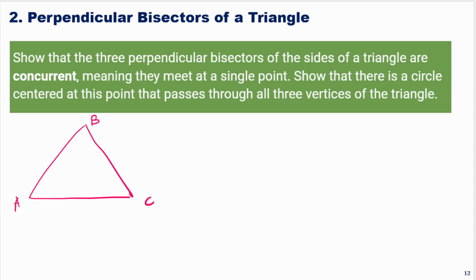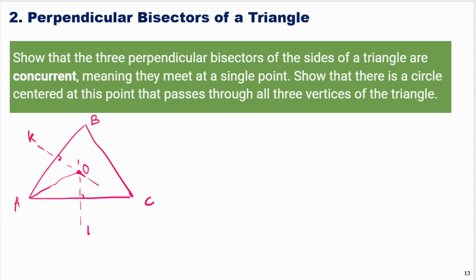Then the perpendicular bisector of AC, let's call it line L. Perpendicular bisector of AB, let's call it line K. We wish to show that O, which is the intersection point here, is on the perpendicular bisector of BC. Since O is on the perpendicular bisector of AB, it's equidistant from A and B, right?